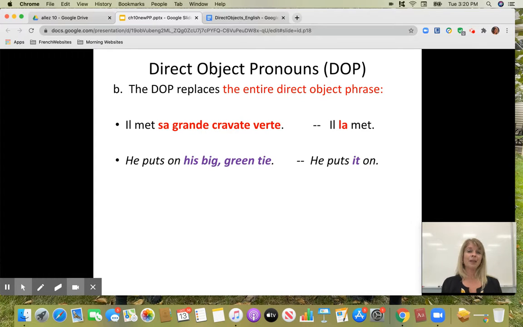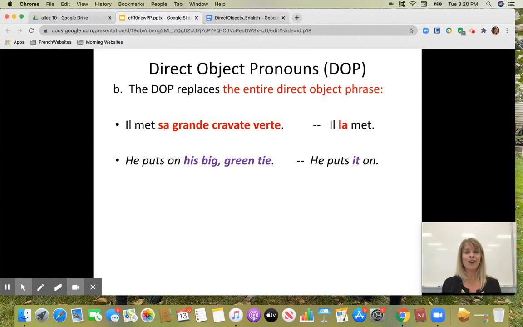It is going to replace the entire direct object phrase, like I was having you underline earlier. So if there are any adjectives or noun markers, all of it is going to go away to the pronoun, and we do this in English too. So for example, il met sa grande cravate verte. He is putting on his big green tie. I'm going to simply say he is putting it on.